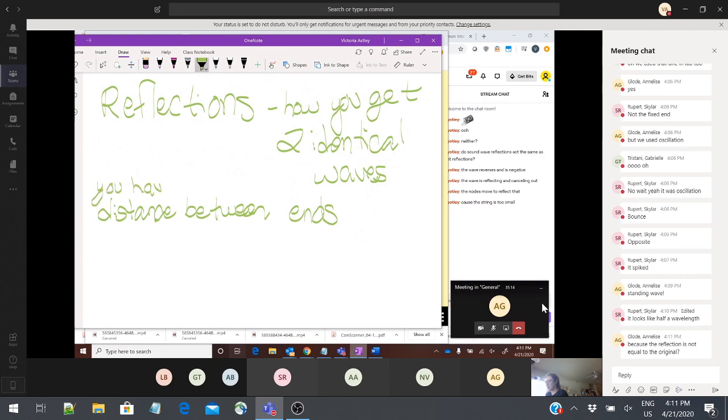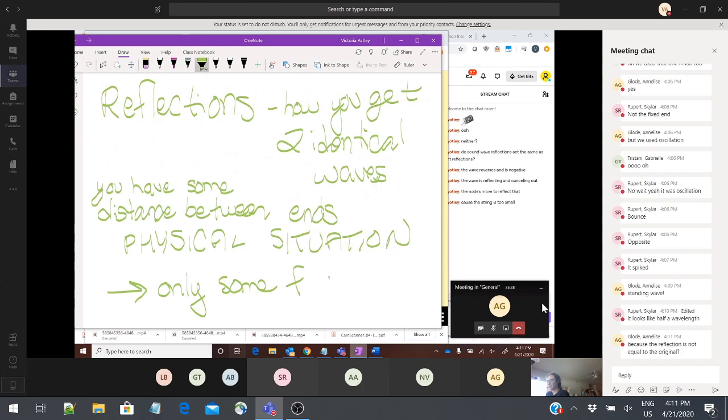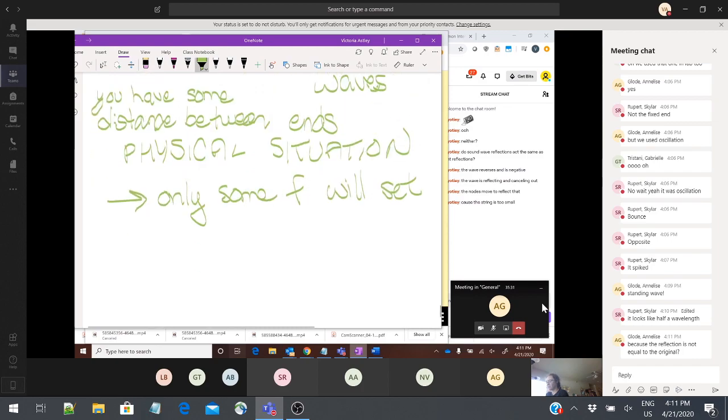This is dictated by the physical situation. So only some frequencies will set up a standing wave in that space.